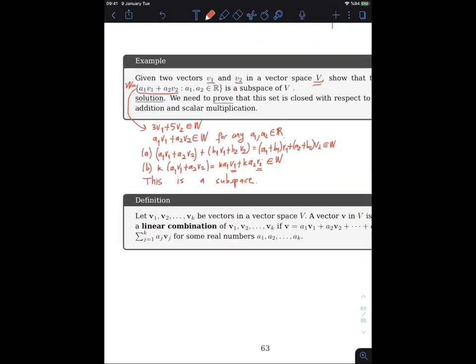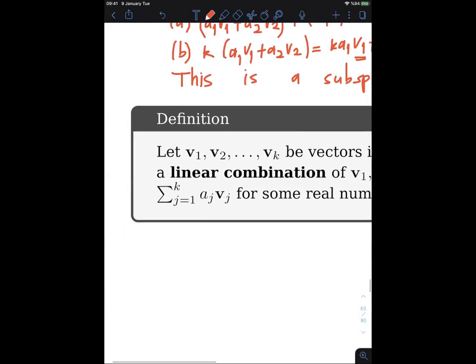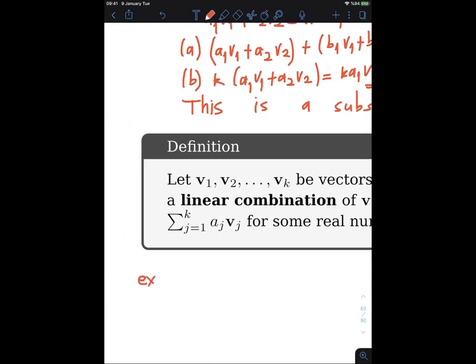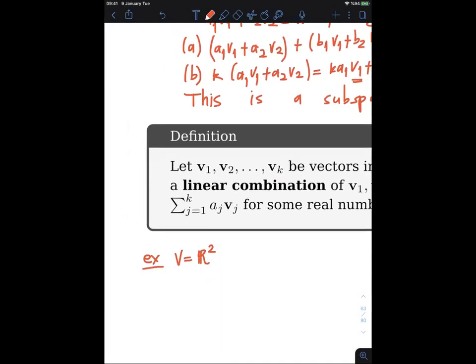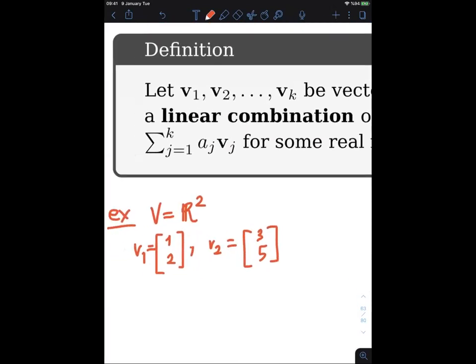Okay, let's give some examples. For example, let me take the vector space to be R2. So I am talking about vectors in the plane. Okay, so I take (1, 2) to be v1, and I take v2 to be (3, 5). Now, for example, 2v1 plus 3v2, what is this?